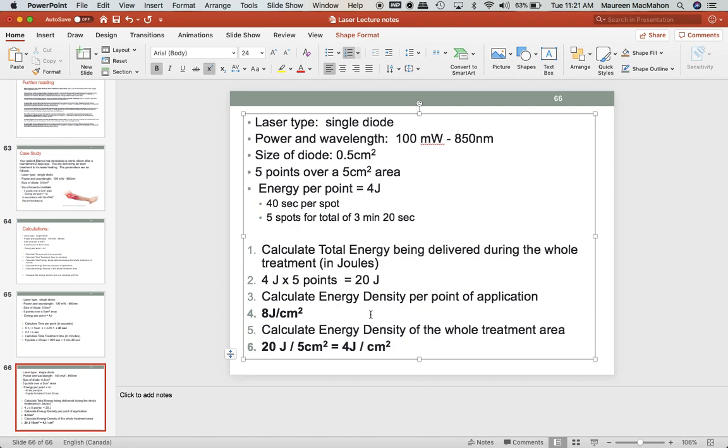What that means is that as the radiation energy is going into the tissue, it does spread, and it affects the tissue in close proximity to where those photons are landing. So an energy density of 4 joules per centimeter squared is going to be effective over the whole area. I hope that helped explain where some of the answers came from.